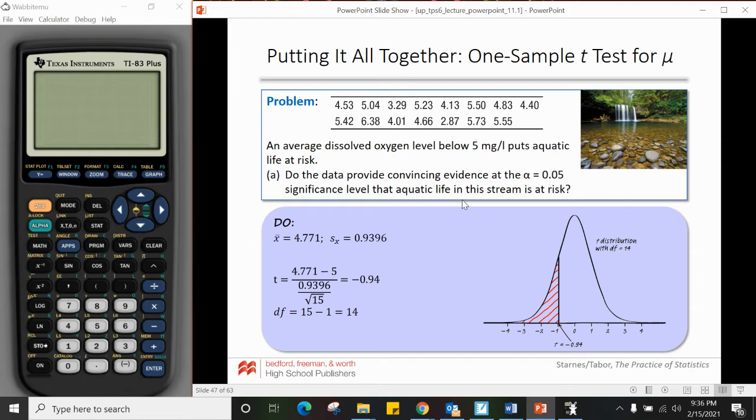So I have my x bar, which is 4.771, my s sub x, which is my sample standard deviation. Again, we could do this on a calculator. I'm not going to show you because it would take a while to type in. But if you were, turn it on, go to stat, edit, and put your list in by typing these in, and so forth.